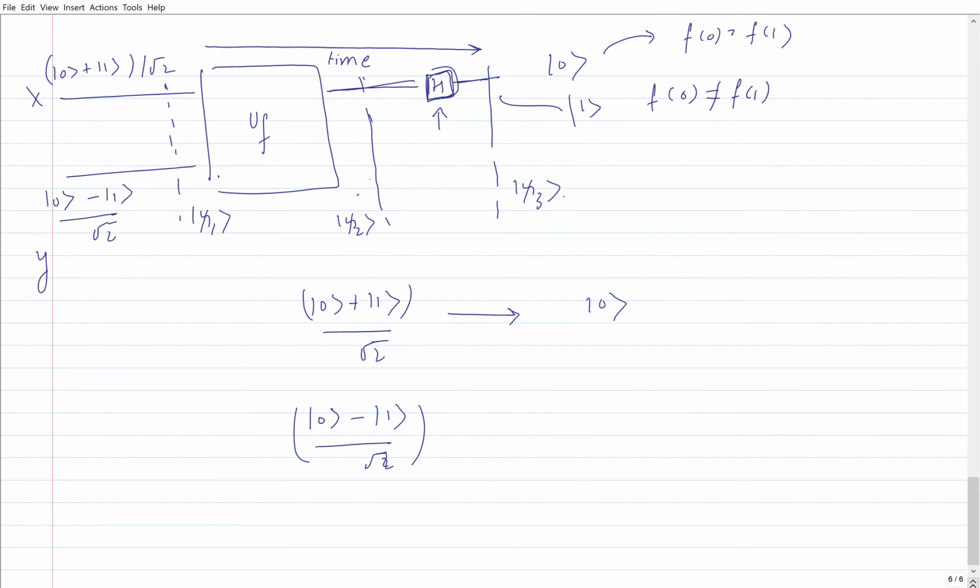So measuring the upper qubit, either a 0 or 1, I'm able to calculate whether the function is a constant or balanced.